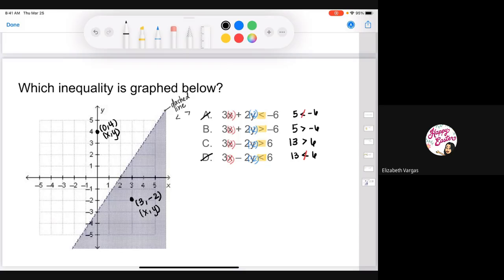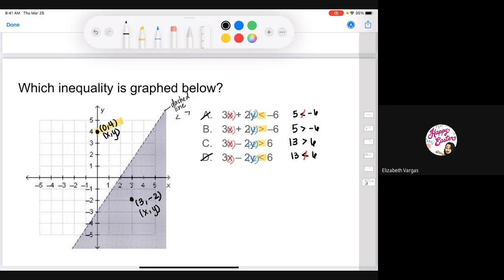And if it is true, then that's not the solution set I'm looking for, because the inequality that I need needs to be within the bounds of that shaded area. So if it's true for a solution set that's outside the shaded area, well, then that's obviously not my inequality, because it has to be within my shaded area.